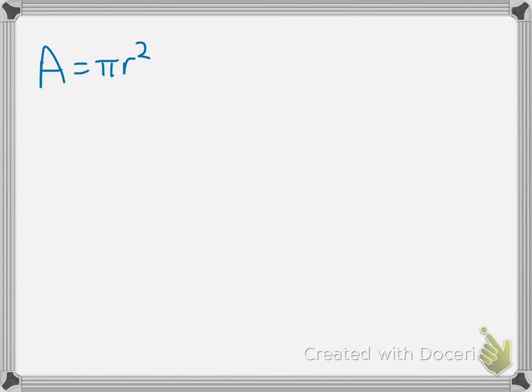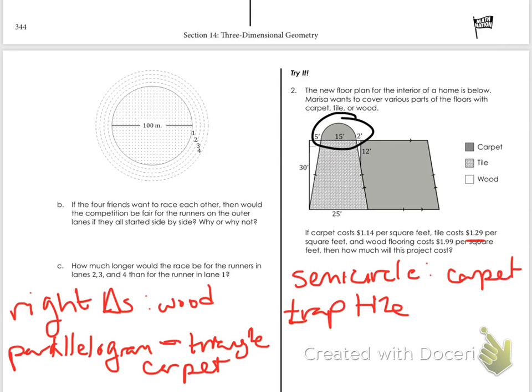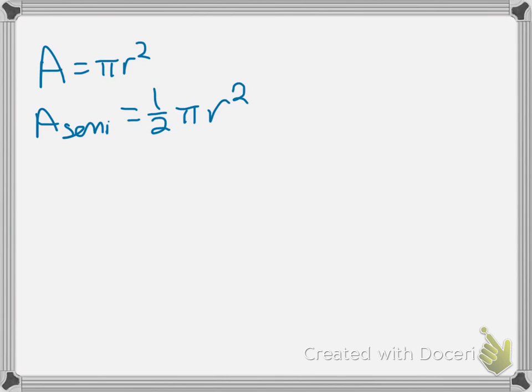So the area of a semicircle is going to be 1/2 pi r squared. And we were given that the diameter was 15 feet. So we need the radius, which is 7.5 feet.